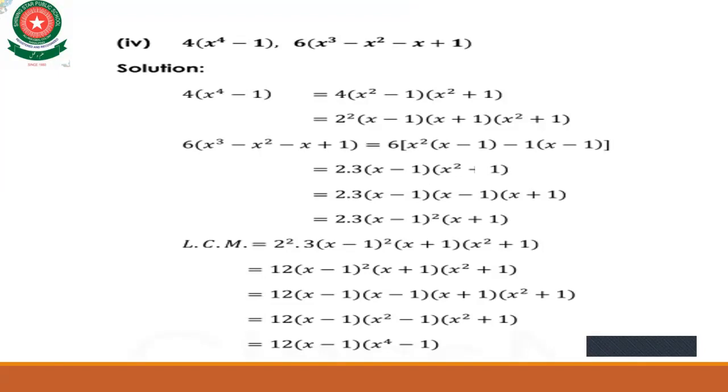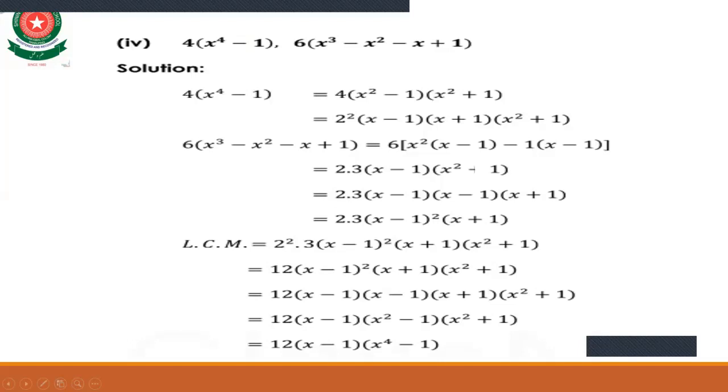The LCM of these equations will be the greater power of 2, which is 2 square, into x, the greater power of x minus 1, which is x minus 1 whole square, x plus 1 and x square plus 1. Okay, 2 square is 4, 4 threes are 12, and x minus 1 whole square into x plus 1 into x square plus 1.